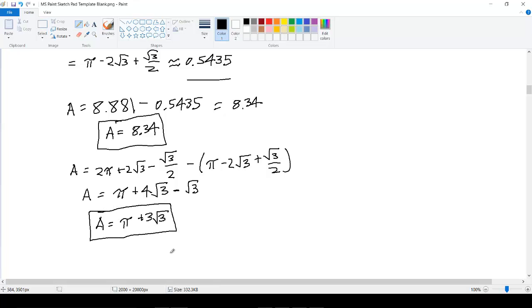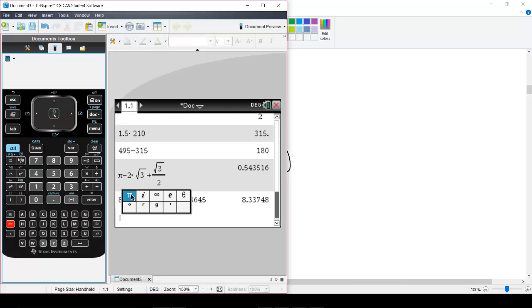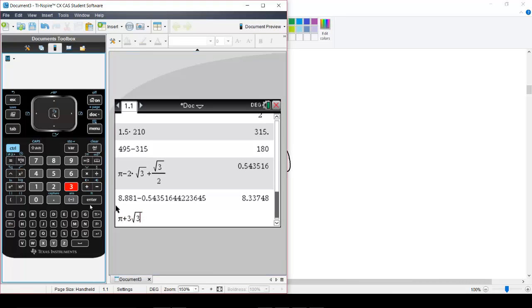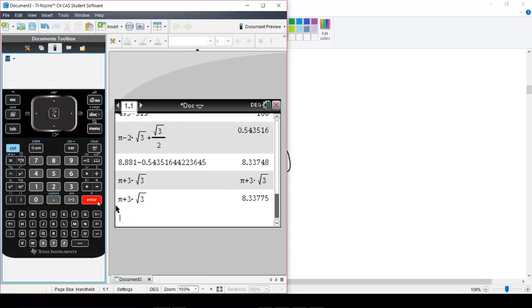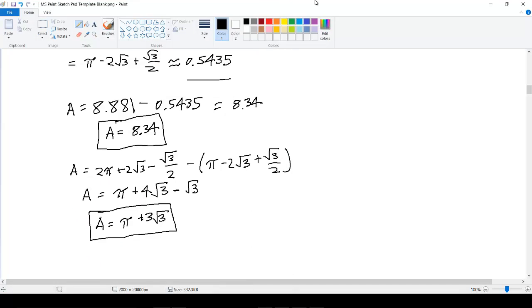Let me make sure that's correct, the same as I got for my approximate. Pi plus 3 root 3. Yeah, I always make that mistake. Yeah, it doesn't give me an approximate. Yeah, 8.34. Exactly. Cool. So there's your answer, whether you want approximate or exact.